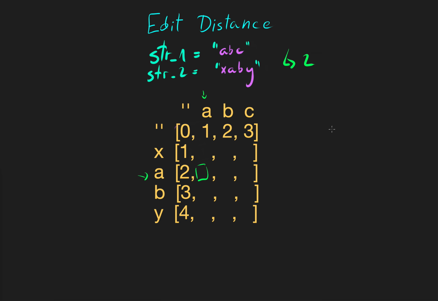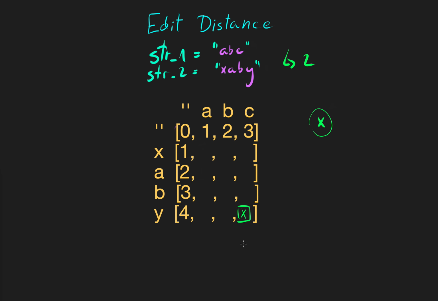To convert XA to A, we can just remove both A's and look at the smallest edit for the X. That's why we look diagonally and just copy the value onto the cell. And once we're done with all of the cells, we return the last row and last column, and that's our answer.